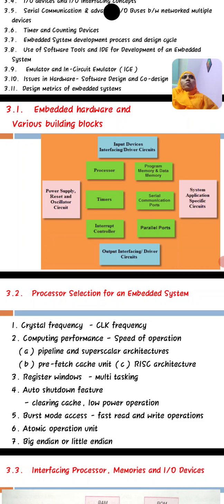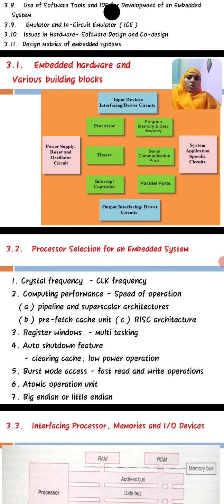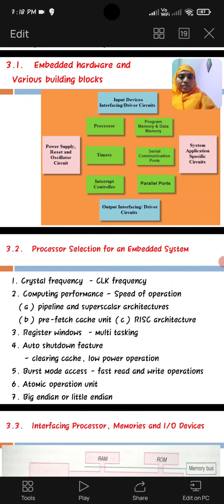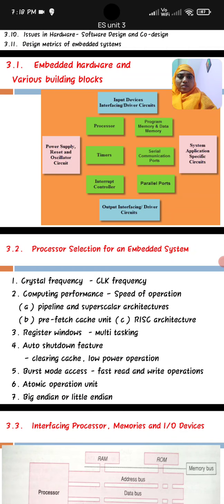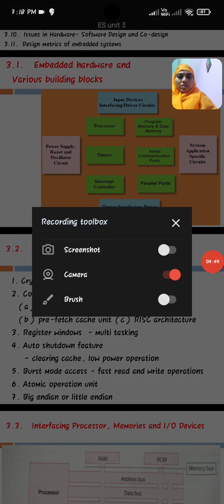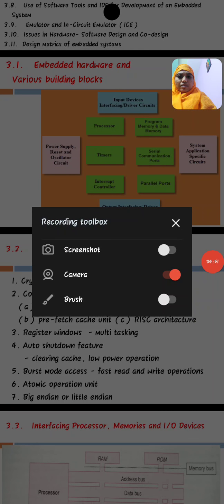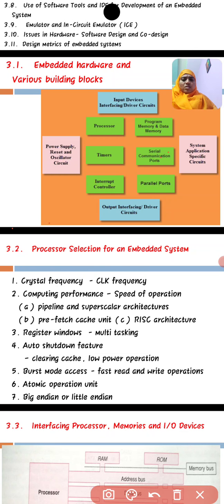The next devices are input output devices and input output ports. Serial input output ports, and we connect input peripherals using these ports. Ports are mainly of two types: serial communication ports and parallel communication ports. These are like buses.